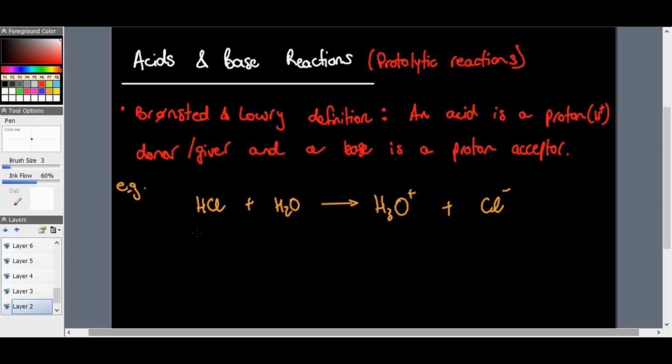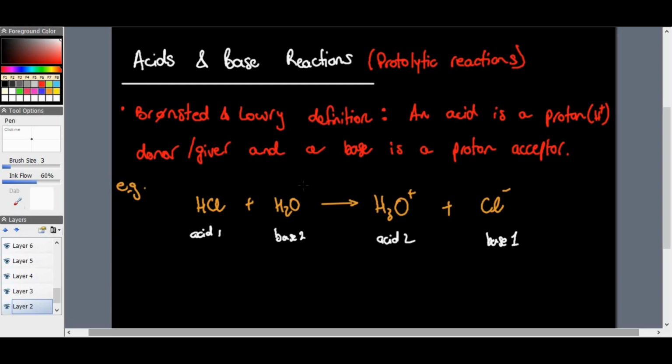Hydrochloric acid, HCl, is obviously the acid, so we call that acid 1. This is our base, but we don't call it base 1, we call this one base 2. Bases work opposite. Now we've got acid 2, and here we've got base 1. I'll explain these all in just a moment.